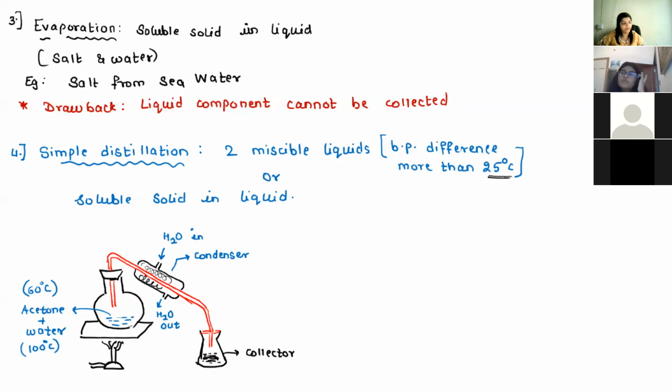No, ma'am. Okay, fine. So let's go to the next technique, which is my fifth technique: fractional distillation. Fractional distillation is a type of distillation where the components are collected in fractions.